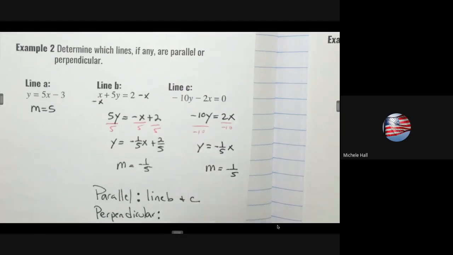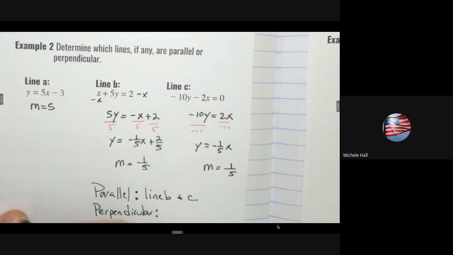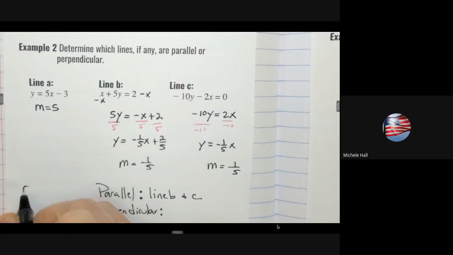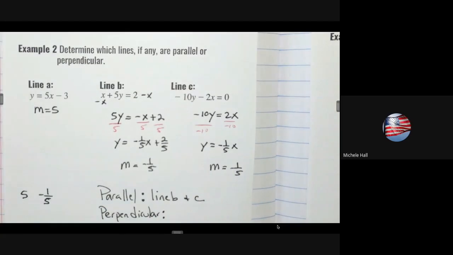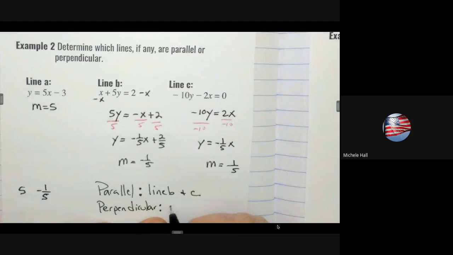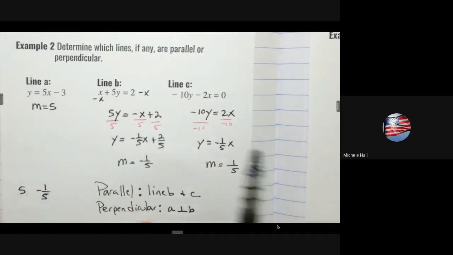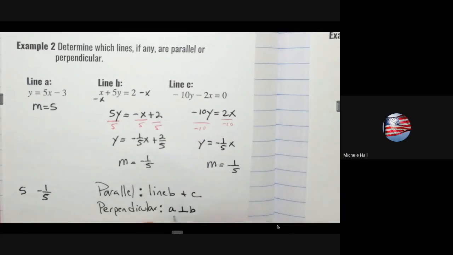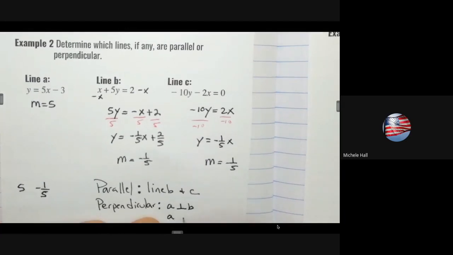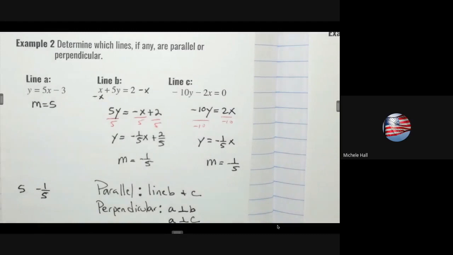So we see that 5 and -1/5 are perpendicular. So we say that A is perpendicular to B. And we also see that A is perpendicular to C.